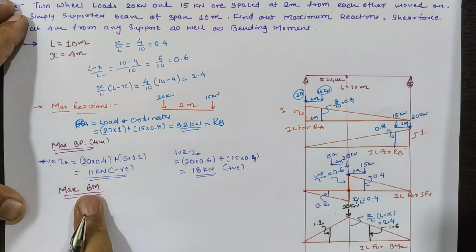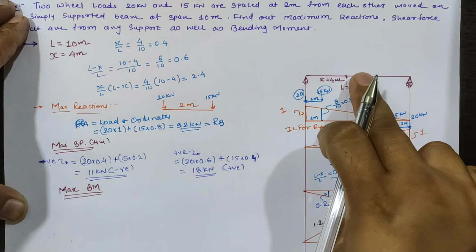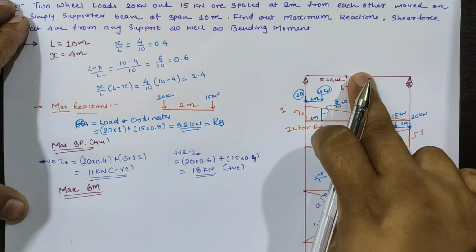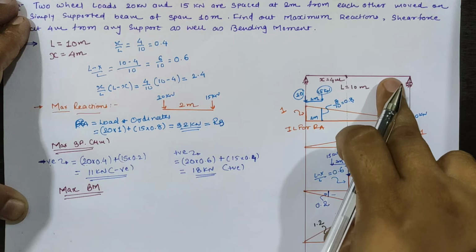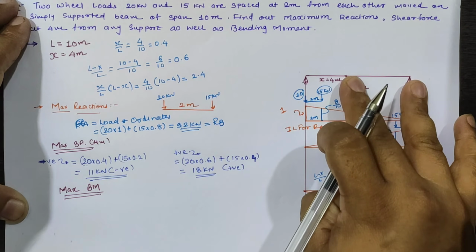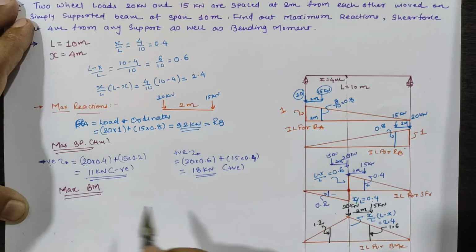Now observing the ordinate values at left and right, 1.6 is higher than 1.2. So for maximum bending moment the maximum load must be put on the section and the rest of the load can be put on the side having the larger distance, that is the 6 meter span. So our load is on the B to C part at a distance of 2 meter from the section.